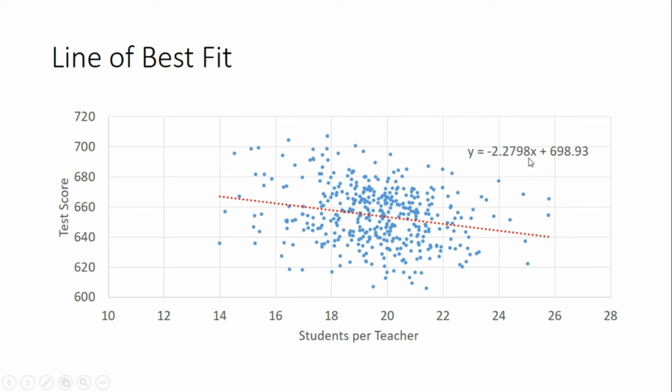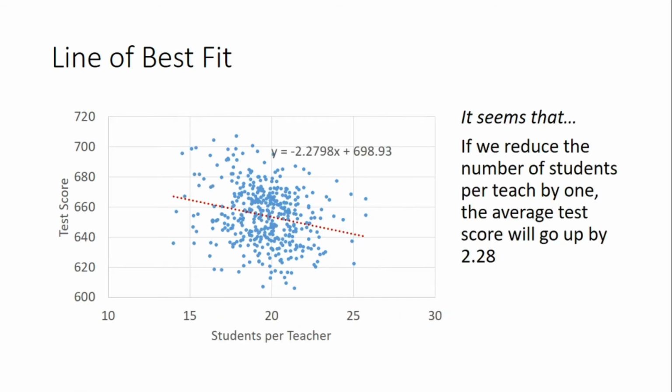For our purposes, we're much more interested in this beta 1 estimate, the minus 2.2, right? The slope of this red line that we derive from finding the minimized sum of squared errors. Okay, so in answer to our governor's question, at first glance, it seems that if we reduce the number of students per teacher by 1, the average test score will go up by 2.28.